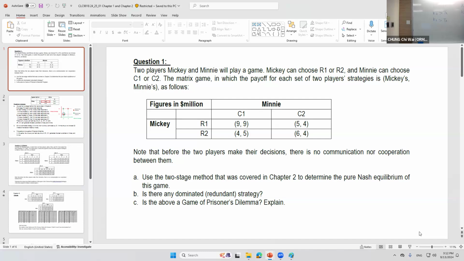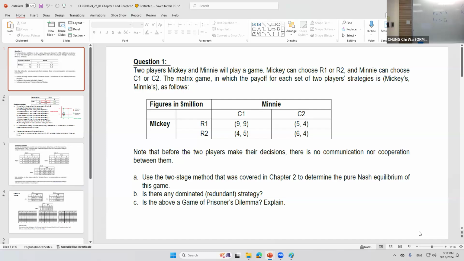So again, here is the two-stage method to identify the best response of a player to the decision made by the other, and then the graph method.